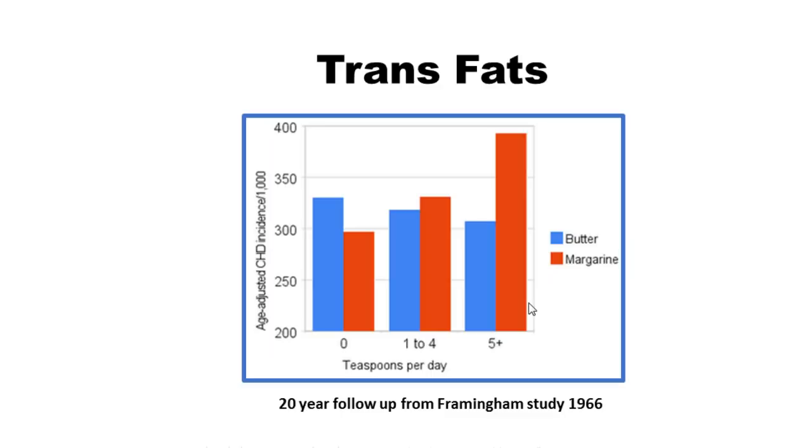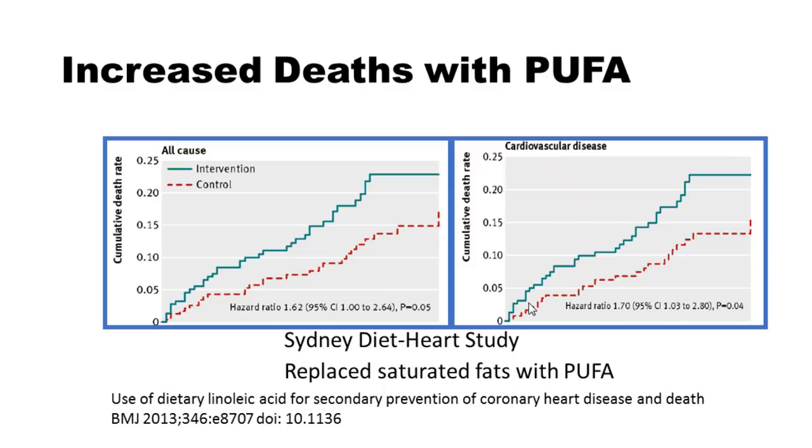But margarine was partially hydrogenated vegetable oils, or trans fats. And then by 1997, you had 20-year follow-up data from Framingham, which showed that people who ate a lot of margarine were dying a lot. Now, of course, it doesn't seem like a surprise because they're eating a ton of trans fats.